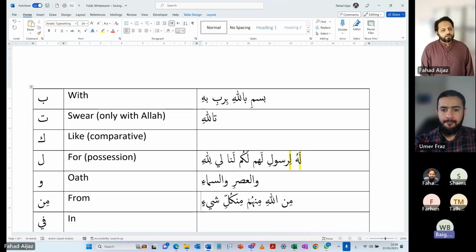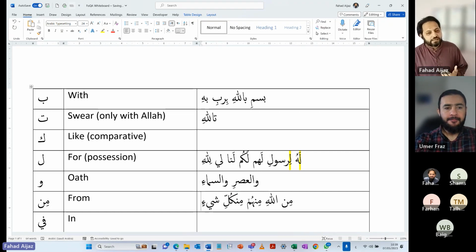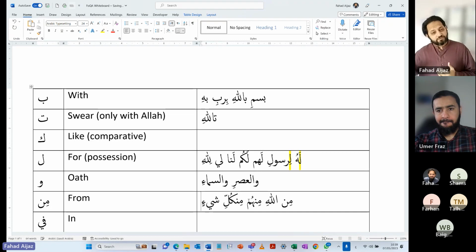Min az-zalimin. I'm going on a tangent a little bit. When kulli comes with a common ism, kullu masjidin, for example, in case of min kulli masjidin, or min kulli shay'in, it translates to each and every.